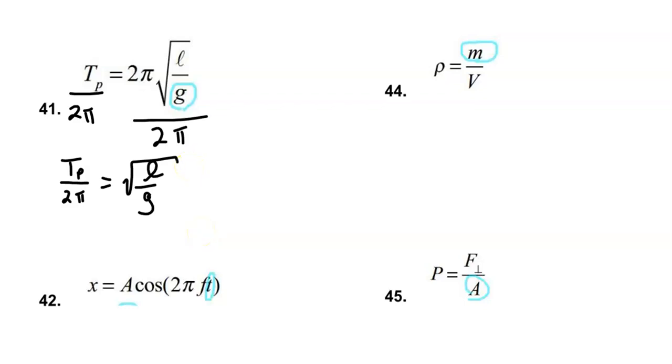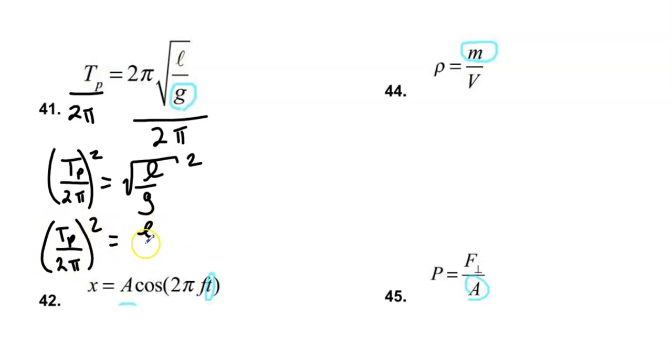I know you might say we already know what g is, but maybe if you're on a different planet, you don't. Now we're going to square both sides, and that gives us (T_p over 2 pi) squared equals L over g.